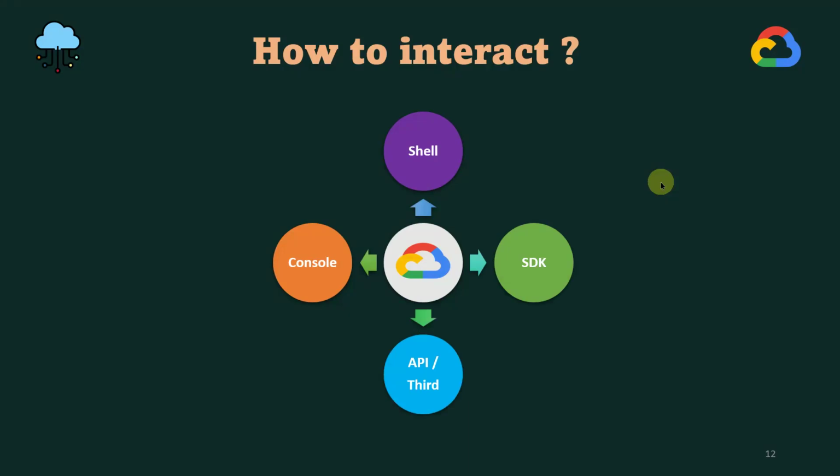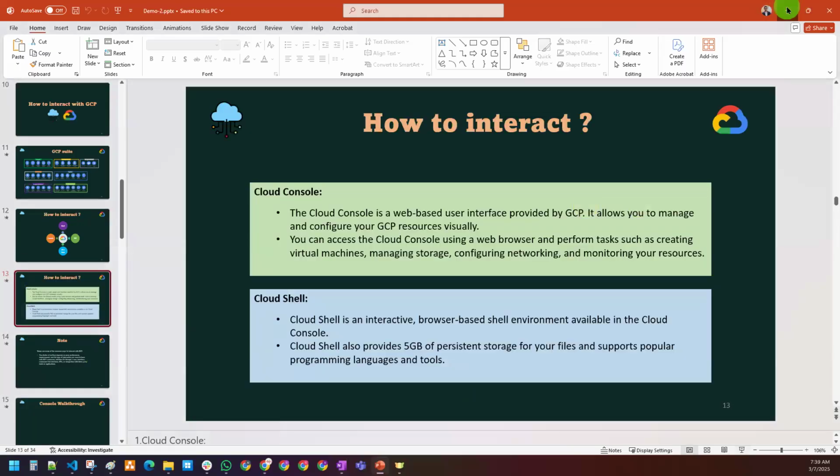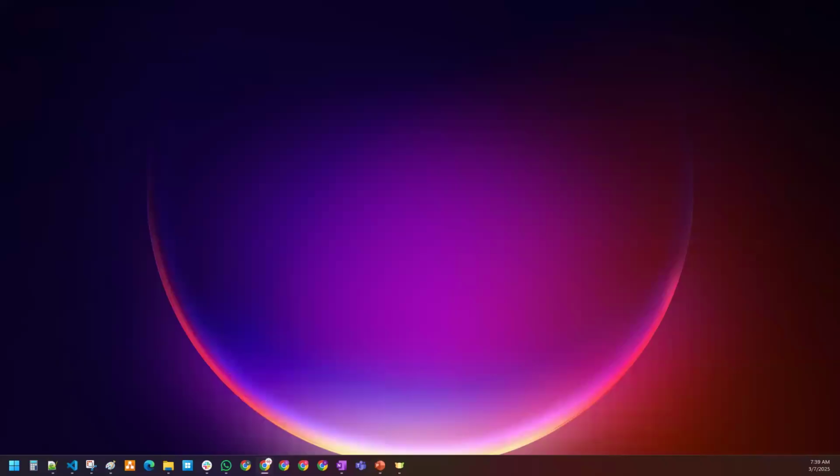So there are totally four methods to interact with the GCP services: console, Cloud Shell, Cloud SDK, and APIs and third-party tools. Let me tell you each one by one so that you get a very good understanding of each. This is very basic, guys. Try to focus here.